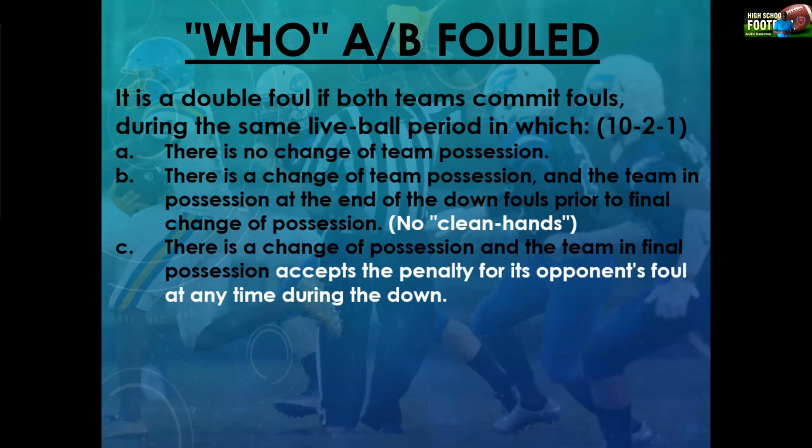There's a change of possession and the team in final possession accepts the penalty for its opponent's foul anytime during the down, which is very unlikely to happen. I don't remember ever seeing that happen.